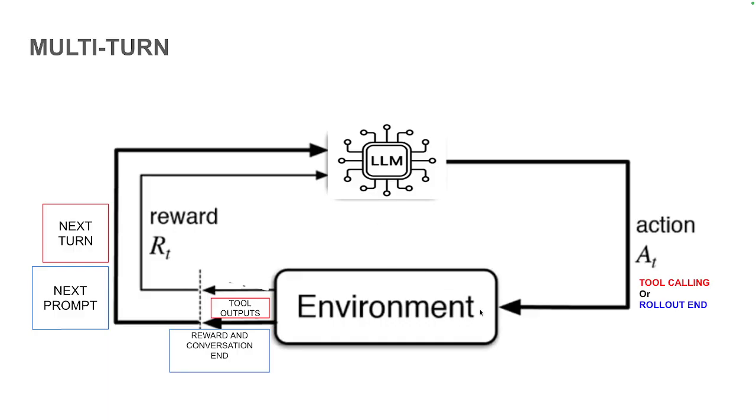Or the model can choose to end the conversation, which is the rollout end, and in that case the environment will get me the reward for all my completions, and it will sample the next prompt that will be given to an LLM. So the environment plays a role of giving out rewards, doing tool calling, and all those things.